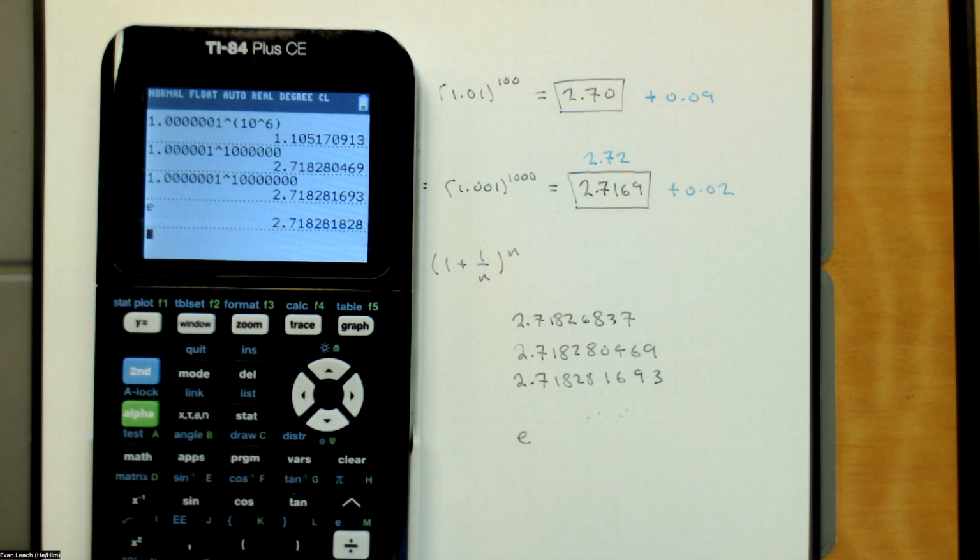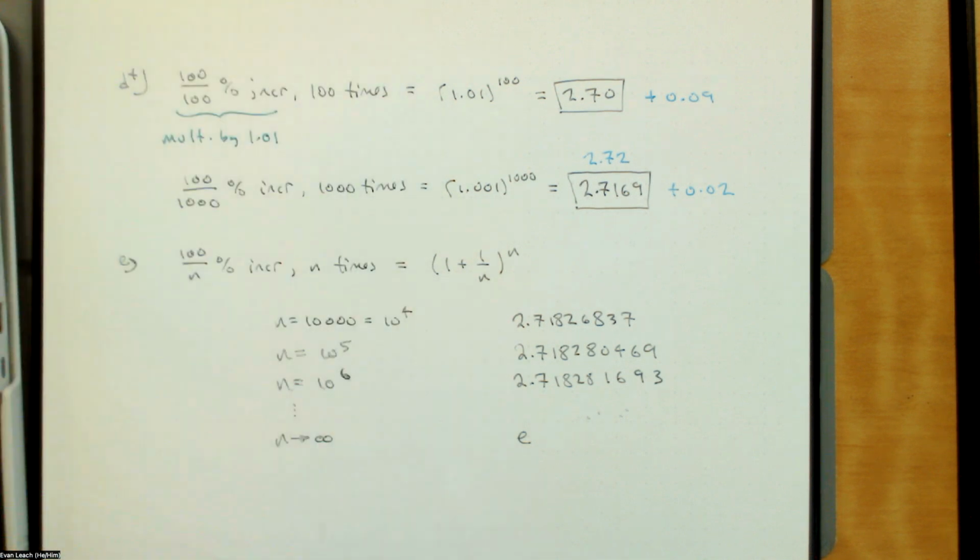Now, this is an infinite number of compoundings per year. So this is where we're thinking of compounding continuously. We refer to this as continuous compounding.